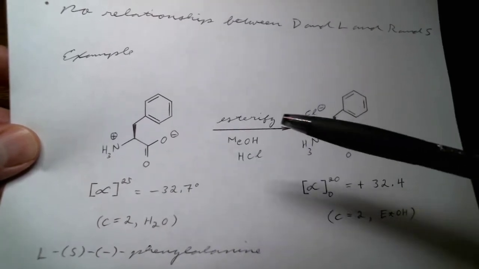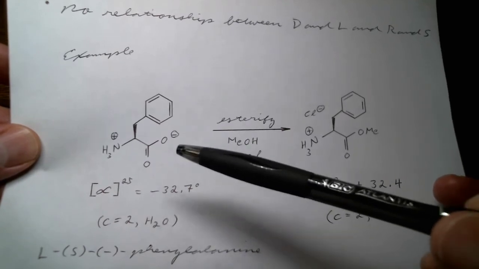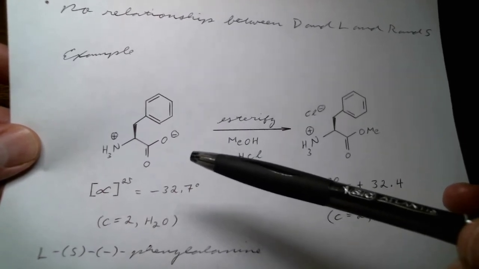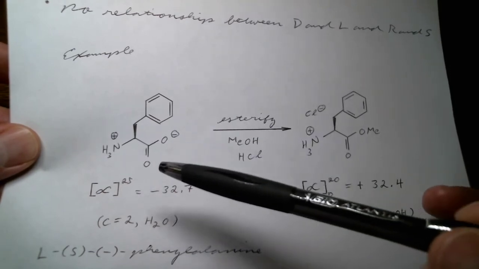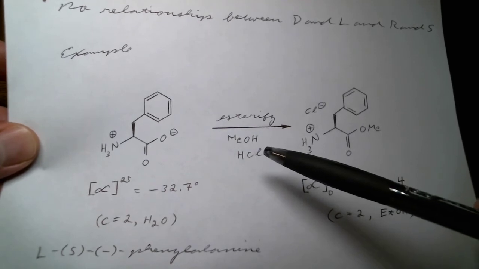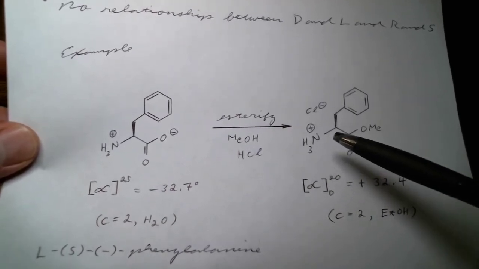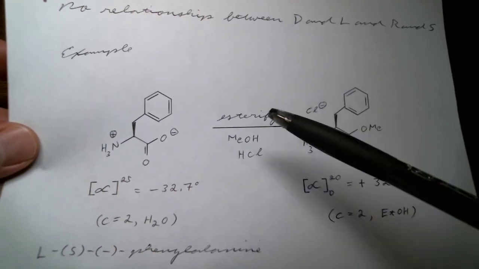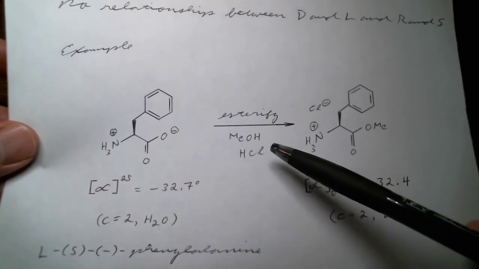And so L-phenylalanine is probably going to be pretty soluble in water. It's an amino acid, another one that we rely on for our proteins. We can do a reaction where we change this carboxylate group, we esterify it, so we change it to an ester. And this is something we'll actually look into in terms of mechanism, and we'll discuss in terms of carboxylic acid derivatives in the second semester.